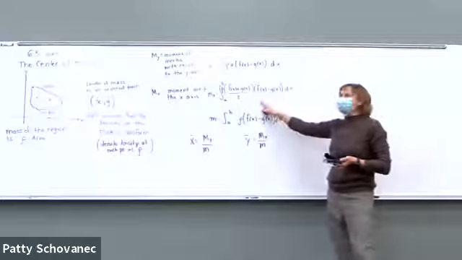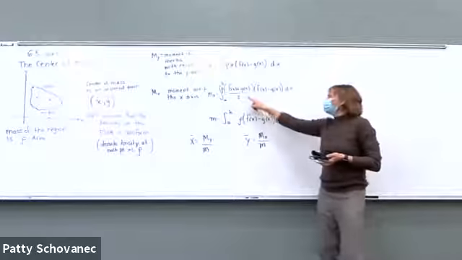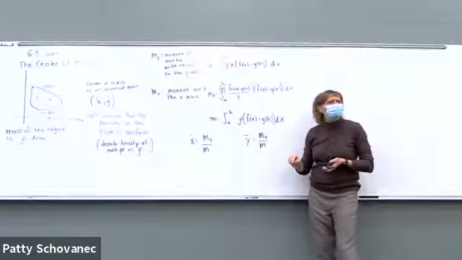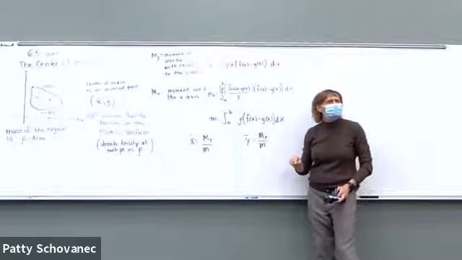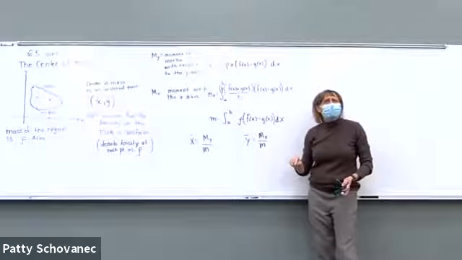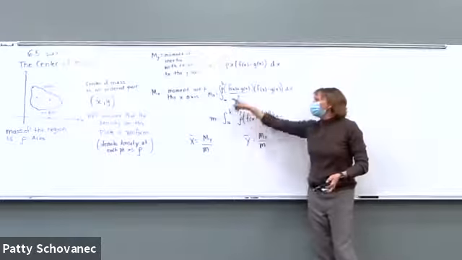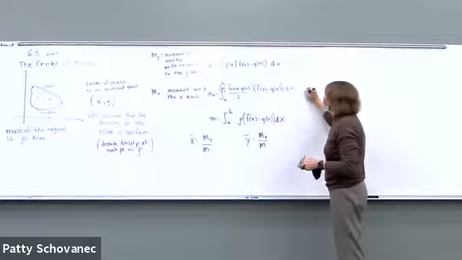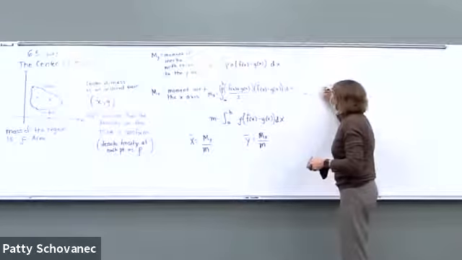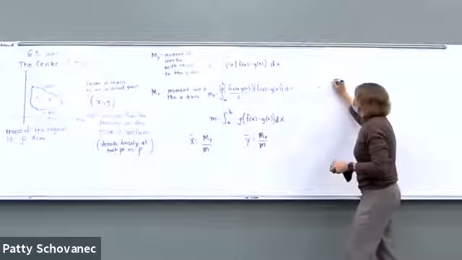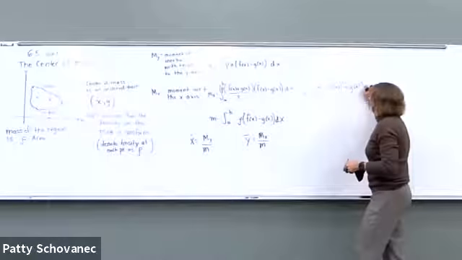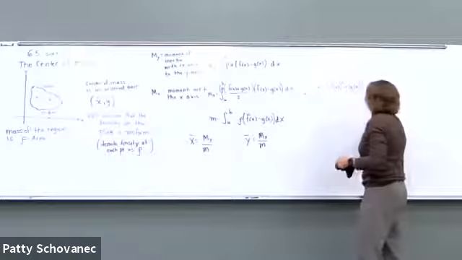This one simplifies a little bit. If you take f plus g and multiply it with f minus g, what will you get? F squared minus g squared. So I can take this 1/2 out front and make it a cleaner looking formula. 1/2 density times the integral of f of x squared minus g of x squared dx.